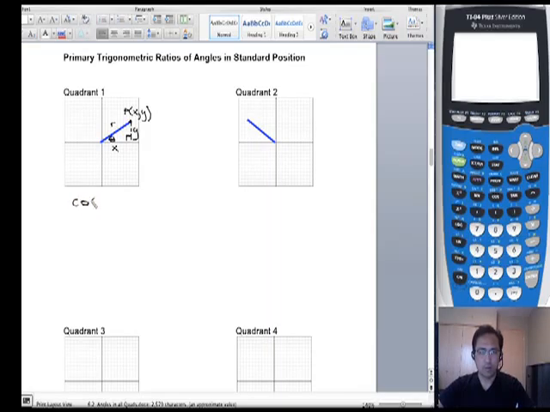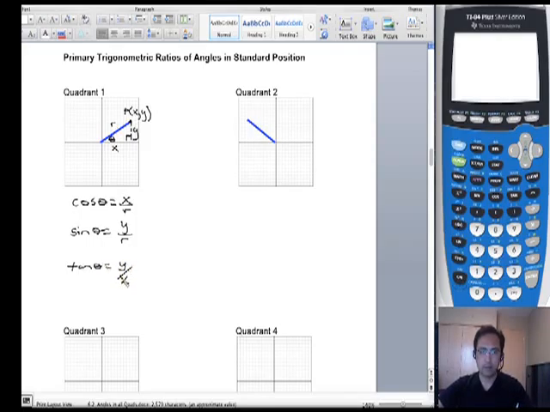So cos theta is equal to the adjacent divided by hypotenuse, so that's x divided by r. Sine theta is going to be the opposite, which is y, divided by hypotenuse, which is r, and tan theta is just going to be y divided by x.